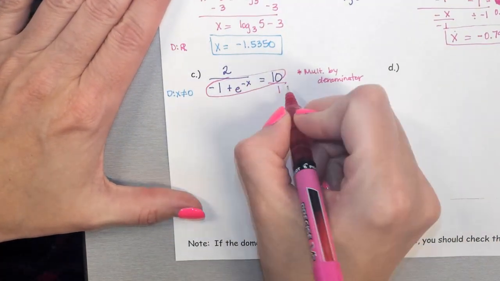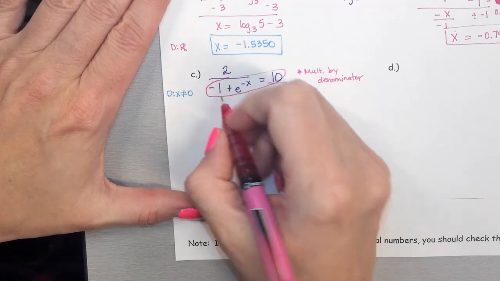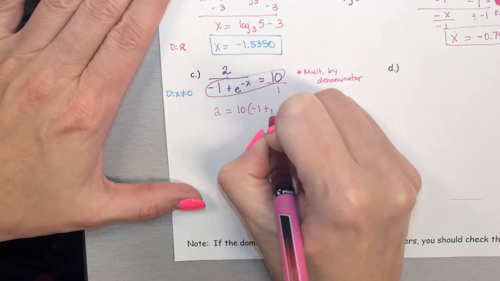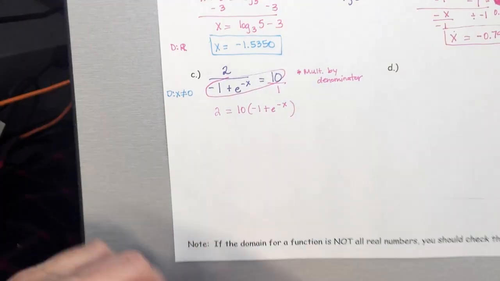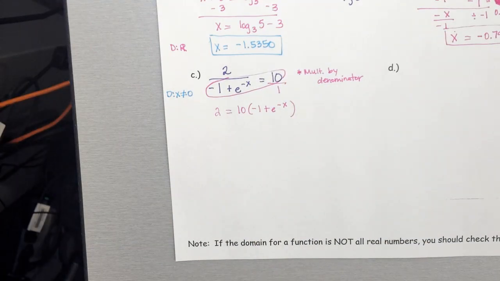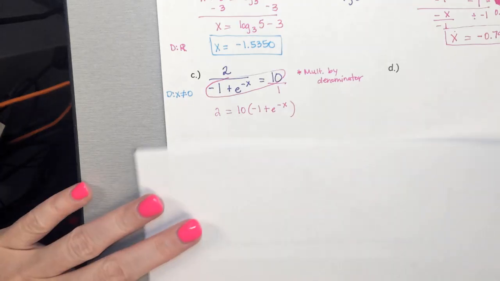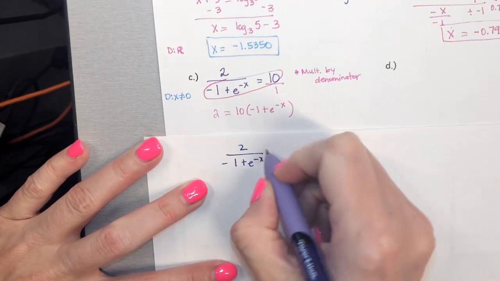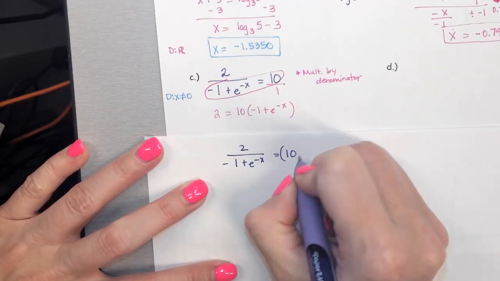Okay, so when you multiply 2 by 1, you'd get 2. On this side, you'd have 10 times negative 1 plus e to the negative x. Okay, you could also write your work out as, you don't have to write both of them down, I just want to show you.